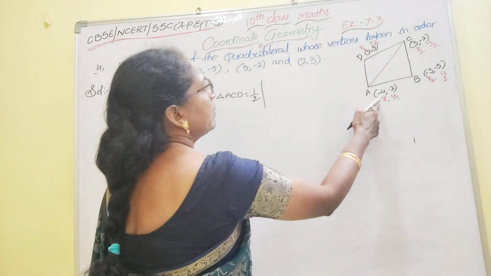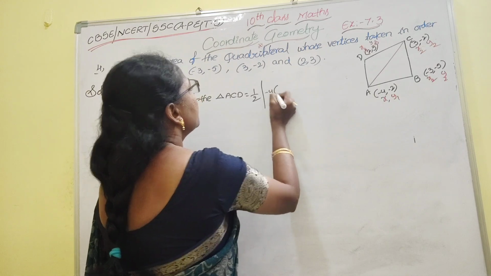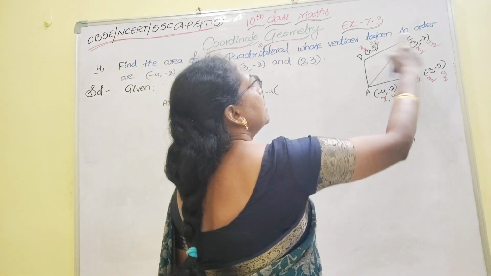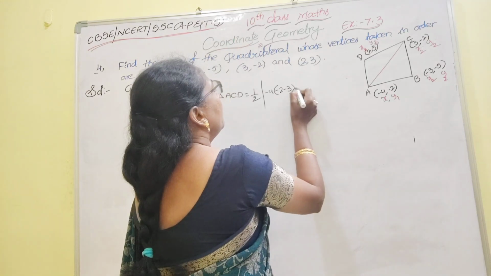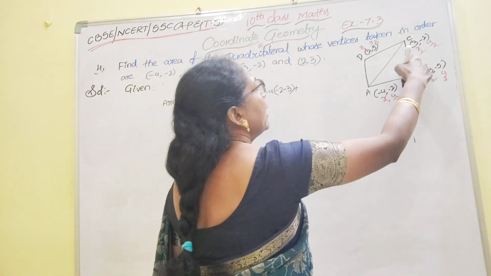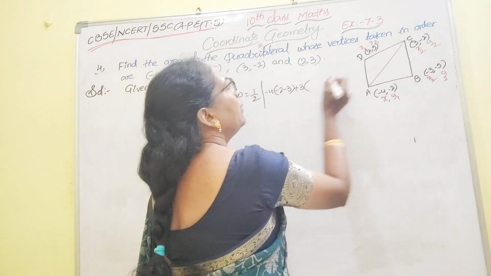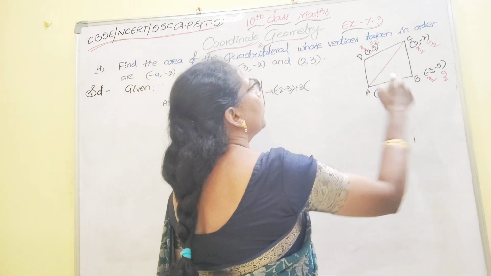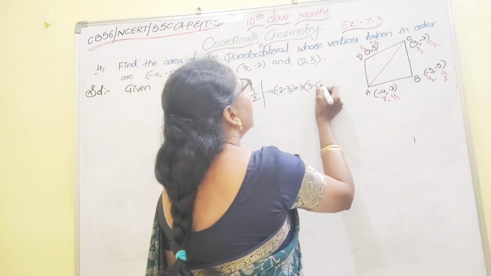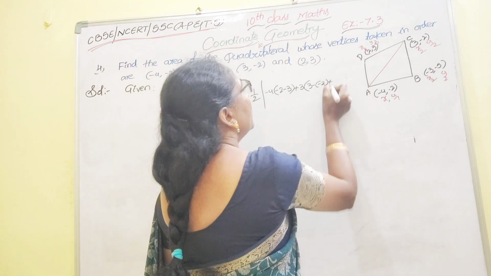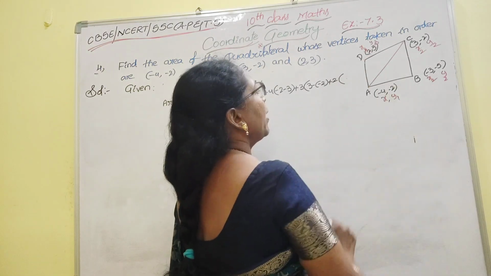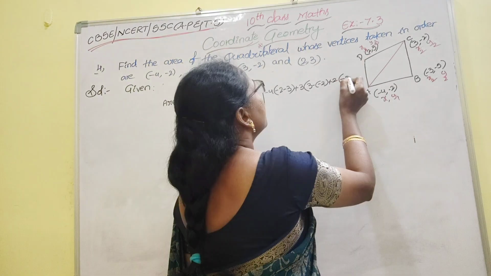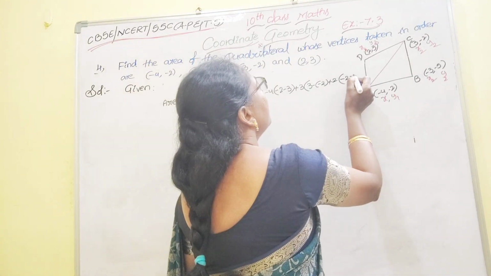Half, x1 means -4, into y2 minus y3, so -2 minus 3, plus x2, where x2 equals 3, into y3 minus y1, that means 3 minus of -2, plus x3, where x3 means 2, into y1 minus y2, where y1 is -2 minus of -2.